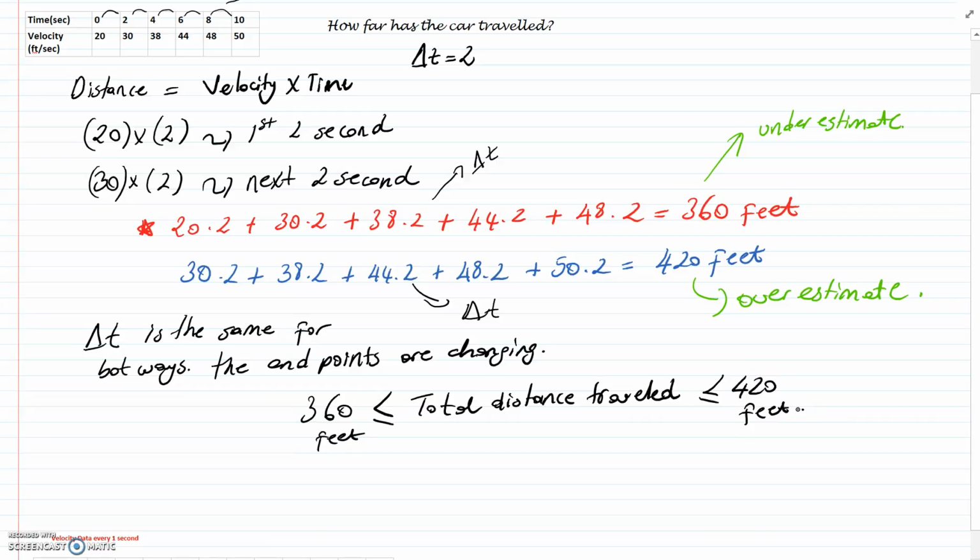All right. Another way of looking at it, this is an approximation. This is the interval we're getting for this approximation, between 360 and 420. Can we have a better approximation? How can we have a better approximation?